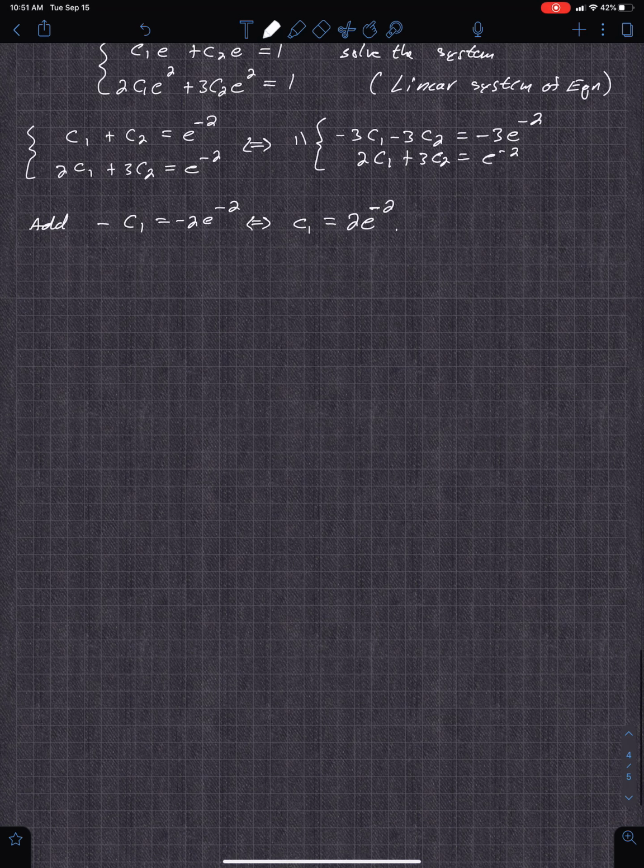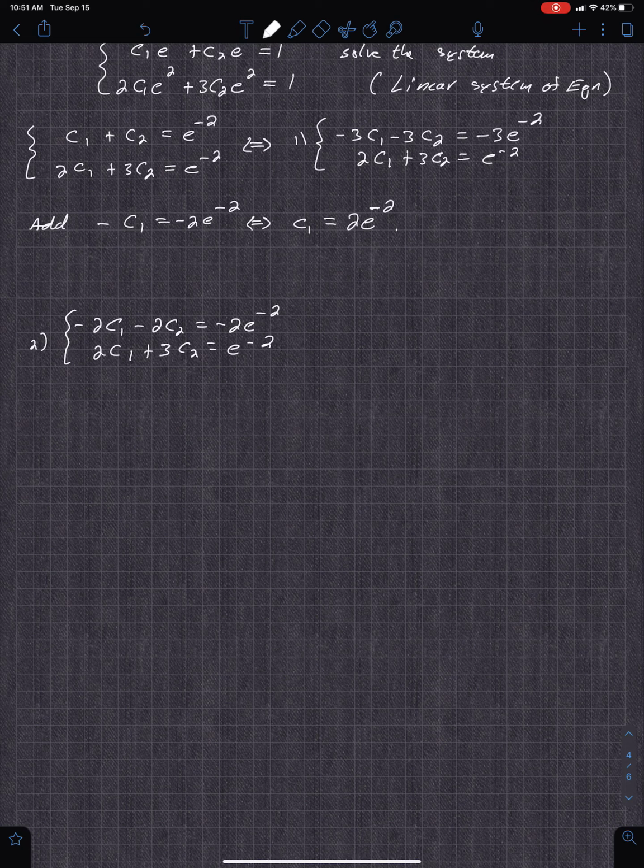Okay, then negative 2C1 minus 2C2 equal to negative 2e to the negative 2, and 2C1 plus 3C2 equal to e to the negative 2.